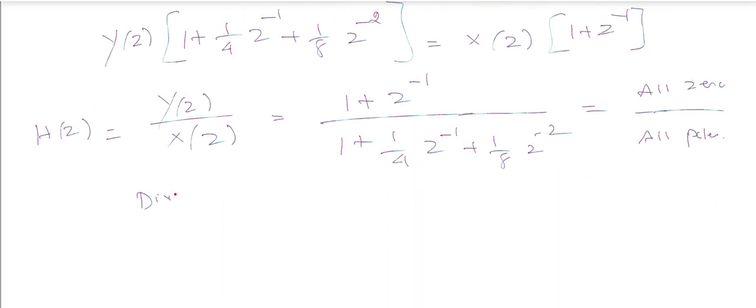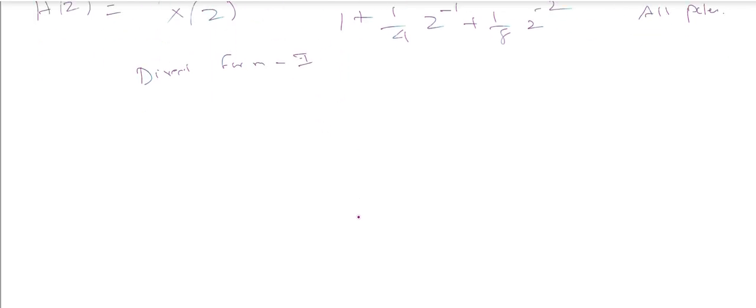In the direct form 1 structure, first we'll discuss direct form 1 and direct form 2. How do you draw the direct form 1 structure? Remember that direct form 1 means first all zero, then followed by all pole.